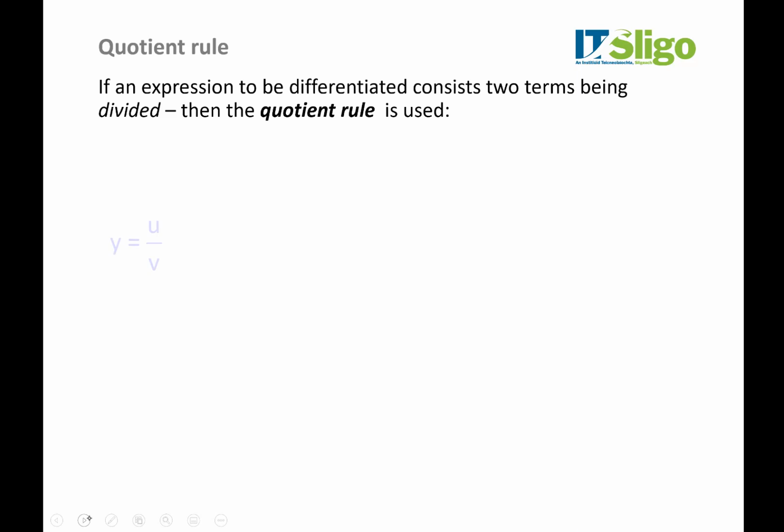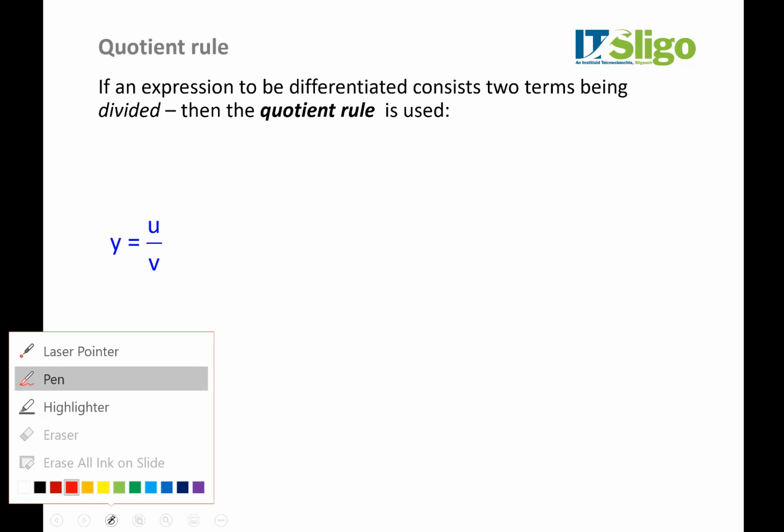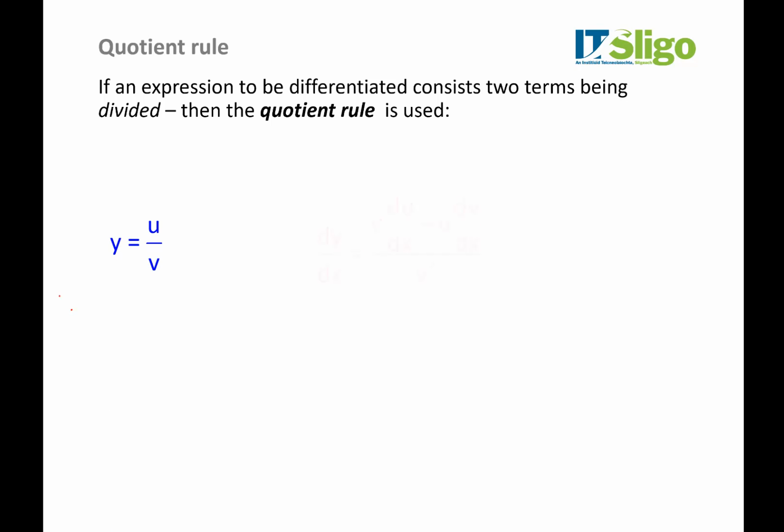Now we'll take a look at the quotient rule. If two terms are being divided, then we use the quotient rule. So it's the exact same setup as the previous examples, the summation rule and the product rule. But the derivative is just a little bit more complex. v du dx minus u dv dx all over v squared.